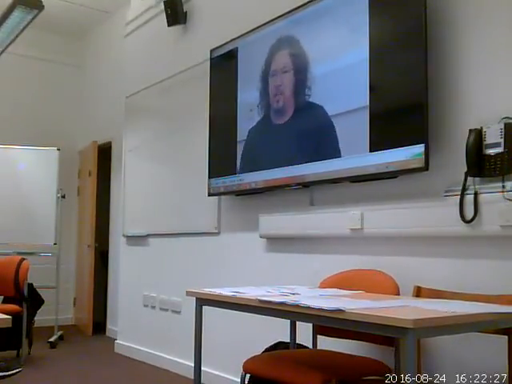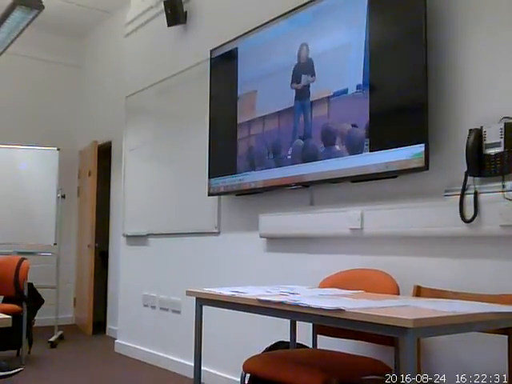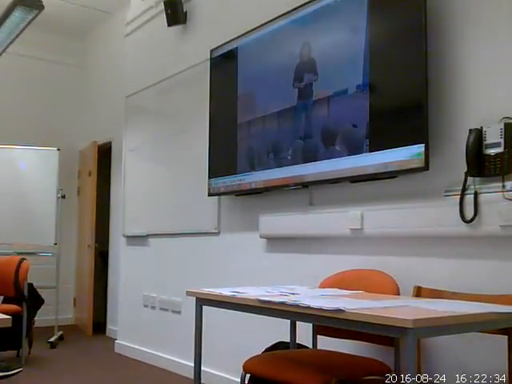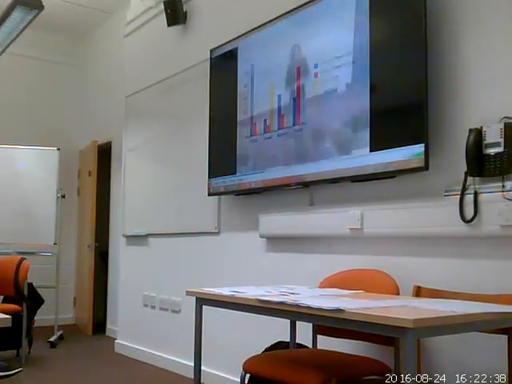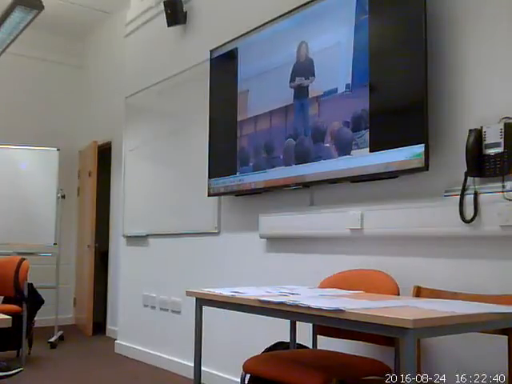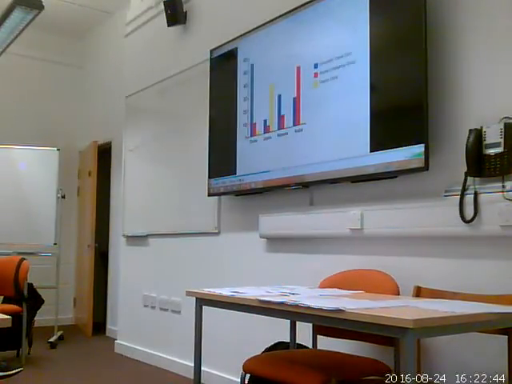Let's look at which countries these students are coming from and which clubs and societies they're choosing to join. This graph represents the international students currently studying at the university. The vertical axis represents the number of students, and the horizontal axis represents their country of origin.